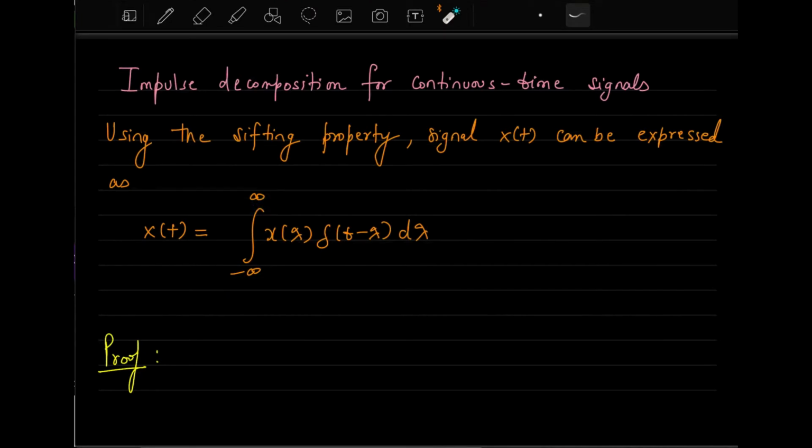When we do that, we get the signal x(t) back. So let us see how we get the signal x(t) back when we integrate the shifting property of the impulse function over all lambda from minus infinity to infinity.